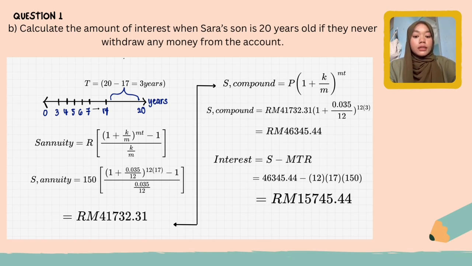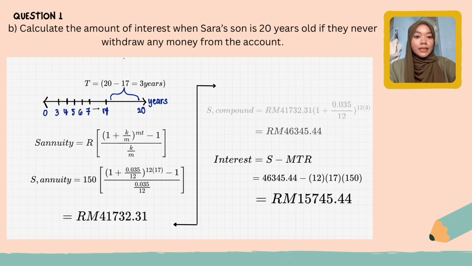Since the question needs the amount of interest, we need to use the formula of interest. Formula of interest is S minus m multiply t multiply R. So S is 46,345 ringgit 44 cents minus 12 multiply 17 multiply 150. So the last answer we got is 50,745 ringgit 44 cents.